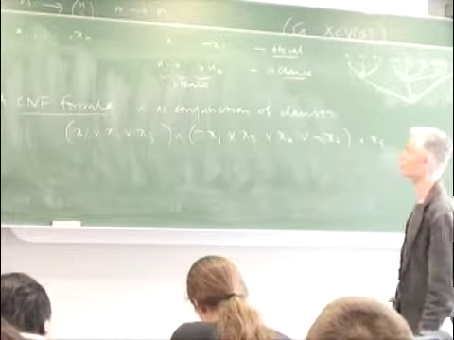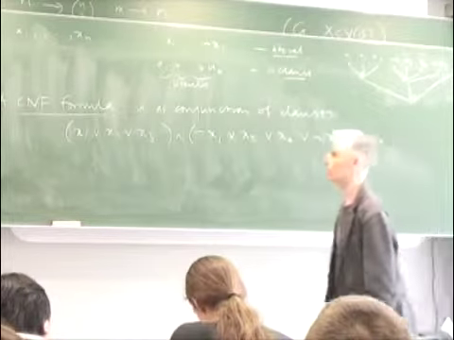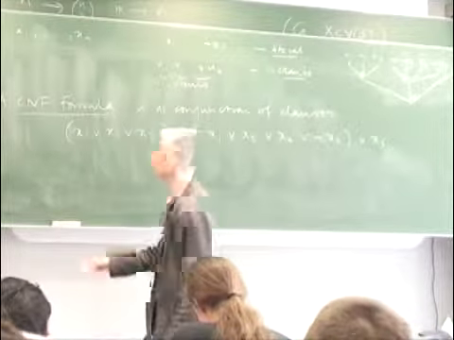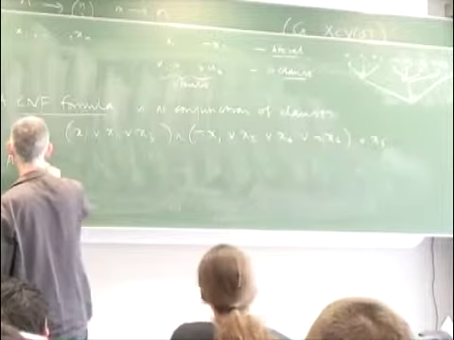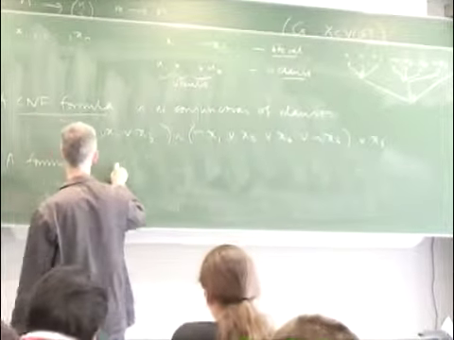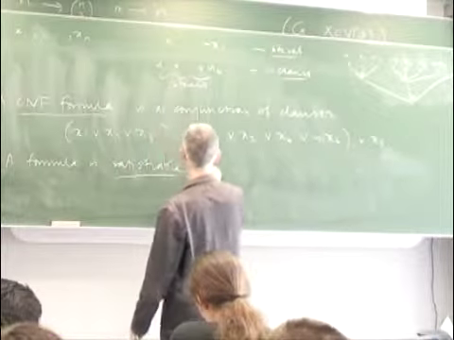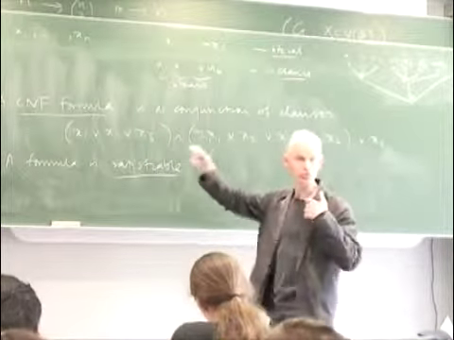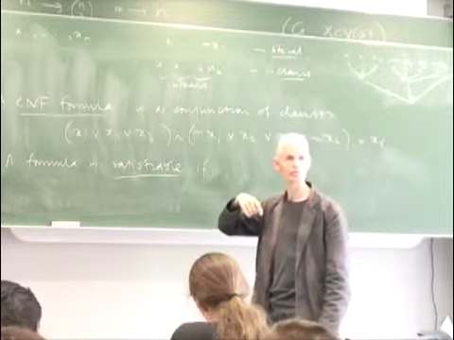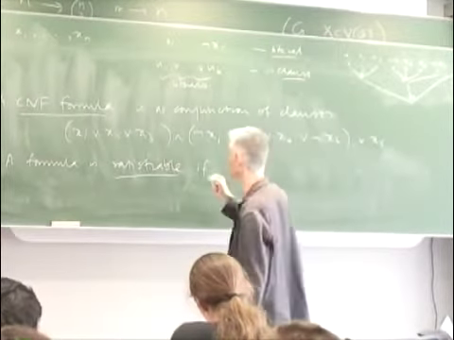Let's just go back to a formula in conjunctive normal form. A formula is satisfiable if the obvious thing holds. You can just choose values for the inputs, and it gives you 1.